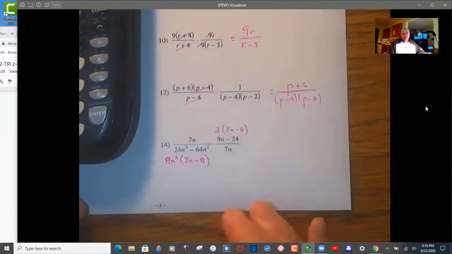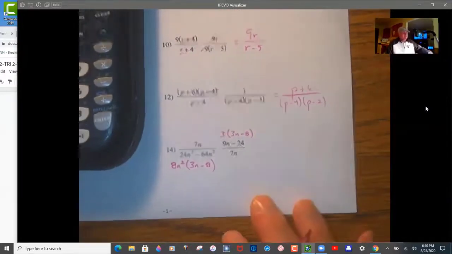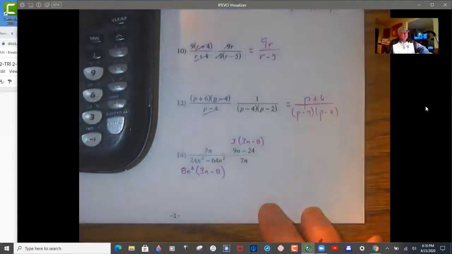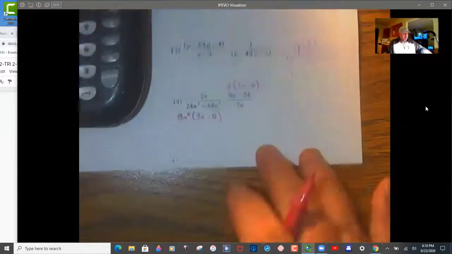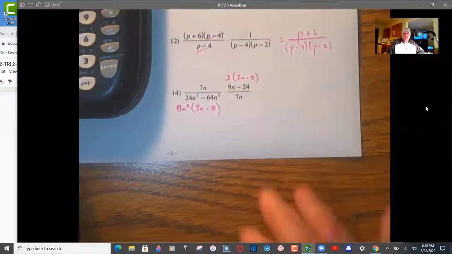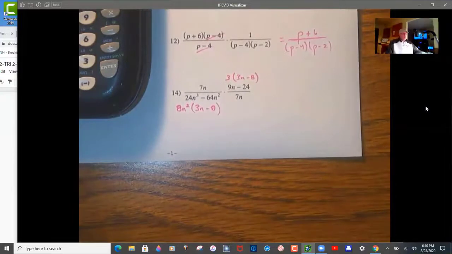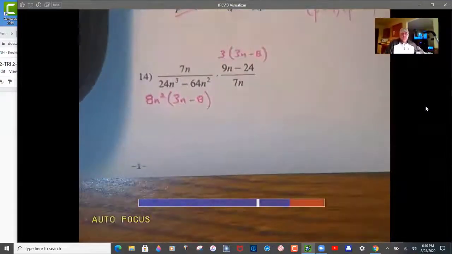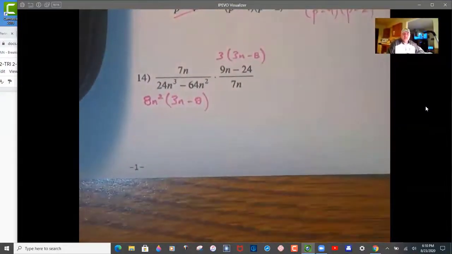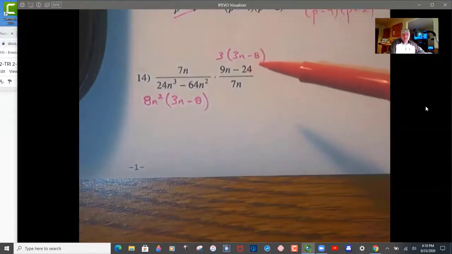And problem 14 is the first problem where there is factoring to do. And I will, just as a reminder, show you, if you forget, that factors are related to the zeros of the polynomial. Even this linear one here, you can say, yeah, there's a common factor of 3.